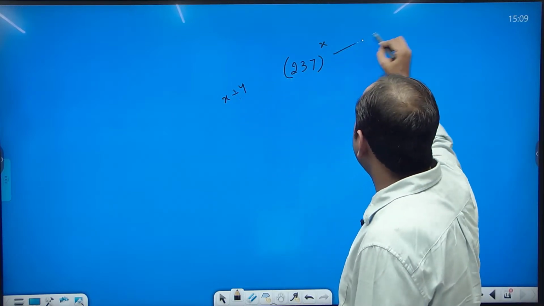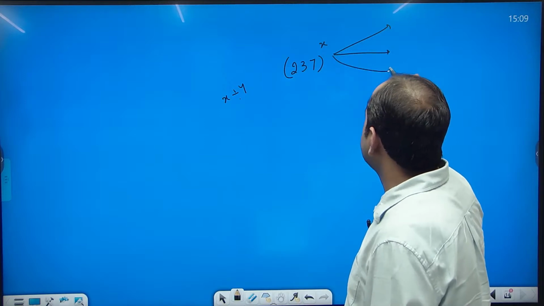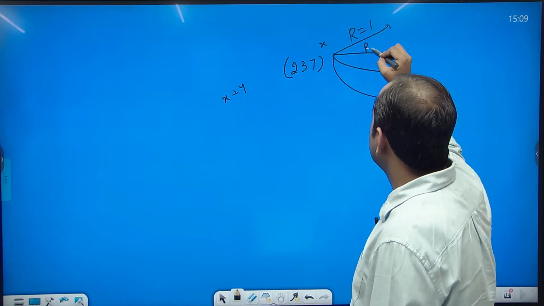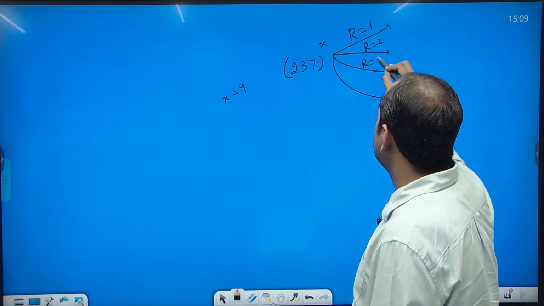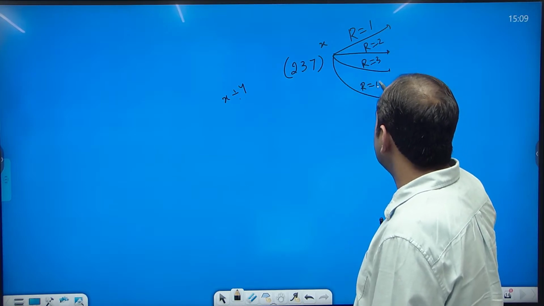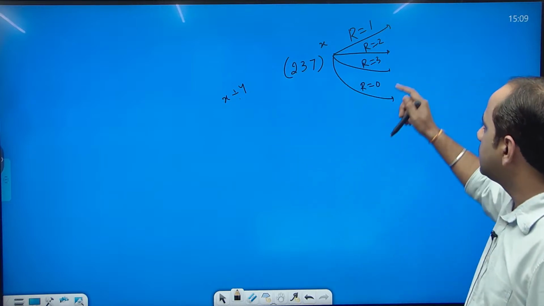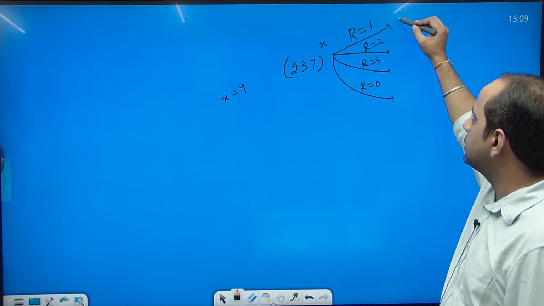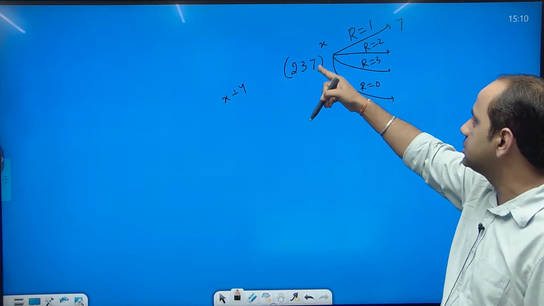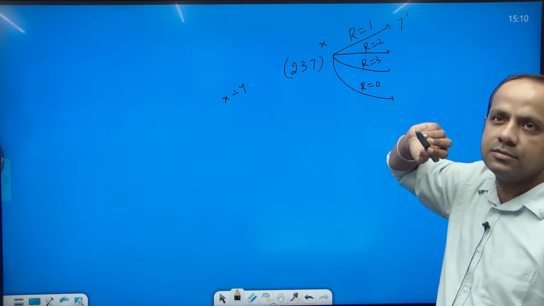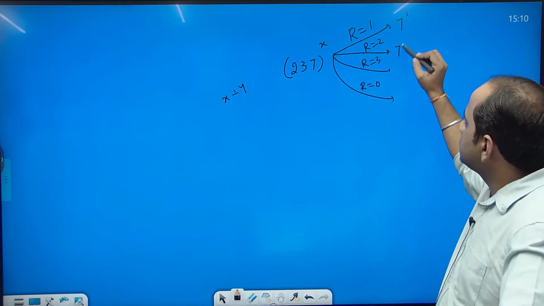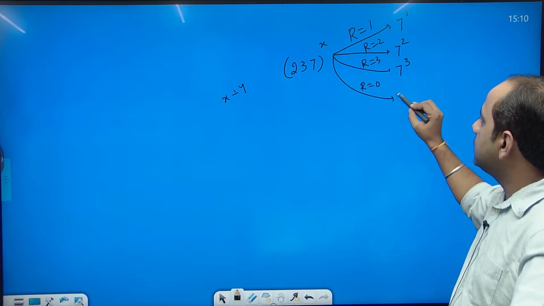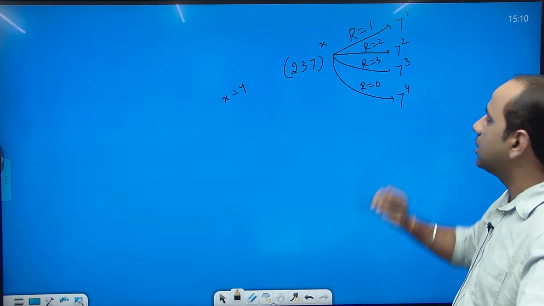When we divide x by 4, the remainder will be either 1, 2, 3 or 0. It cannot be 4, it will be 0. So when the remainder is 1, the unit digit will be 7 to the power 1, because this is 7. When the remainder is 2, it will be 7 to the power 2. In case of remainder 3, 7 to the power 3. And in this case, 7 to the power 4.